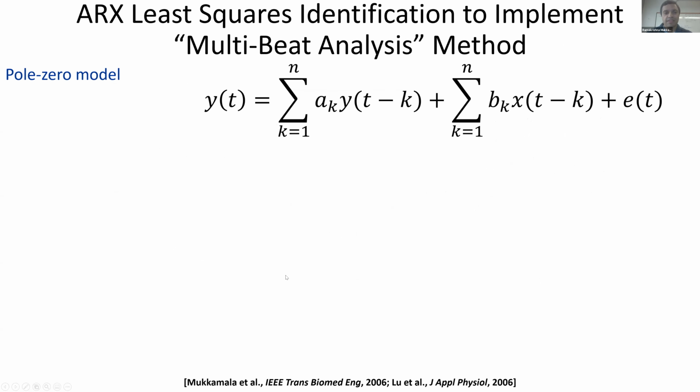To implement this multi-beat analysis method, the impulse response is parameterized with a pole zero model. The autoregressive exogenous input, or standard ARX, model is specifically used. This model uses the system poles to also color the white residual error, but it's convenient to identify.